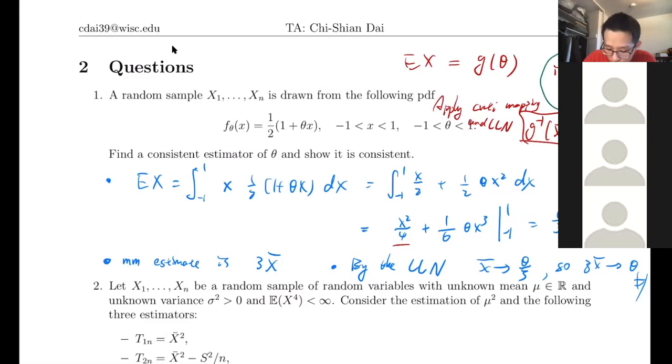So you can use these two theorems to show that this is a consistent estimator. Okay, thanks.